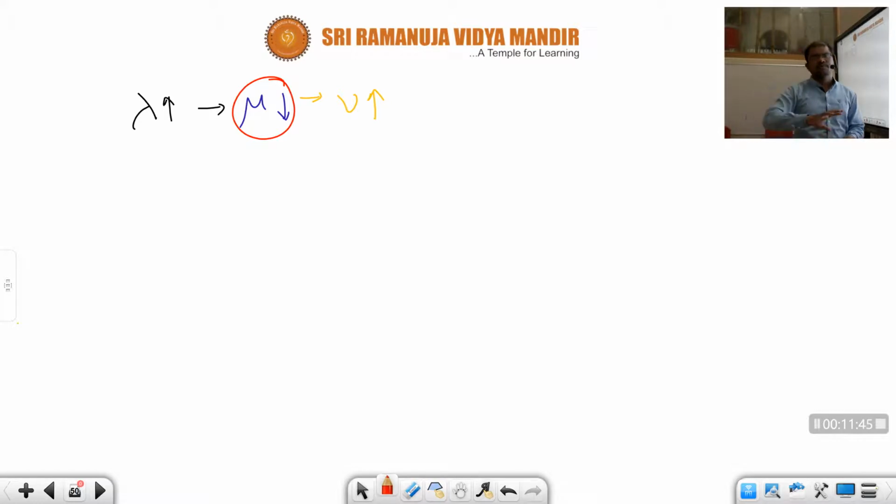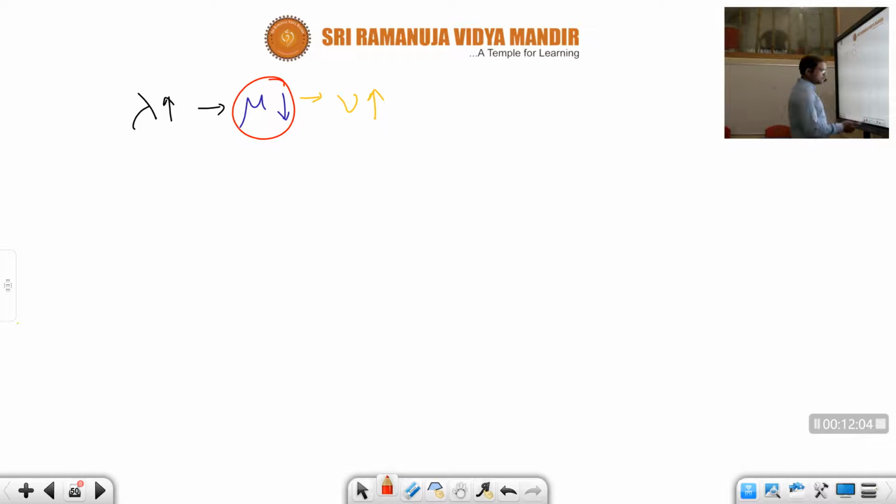So refractive index affects not only the speed of light, it affects wavelength also. Refractive index is in relation with the speed of light and also with the wavelength of light.